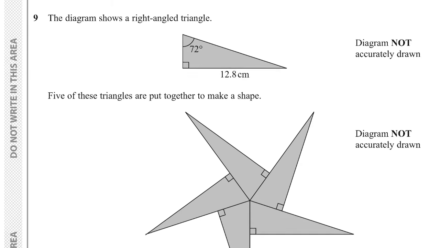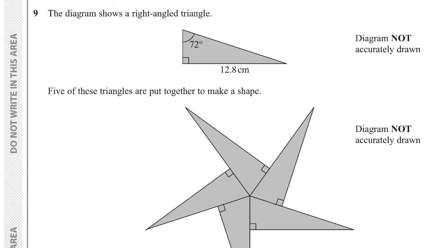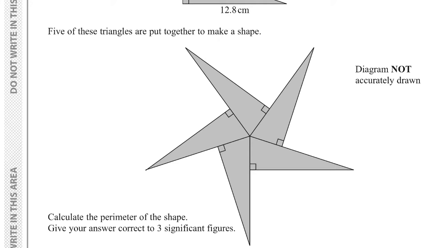In 9, we've got a right angle triangle shown here, and then 5 identical such triangles are put together to make the shape given here. We need to calculate the perimeter.